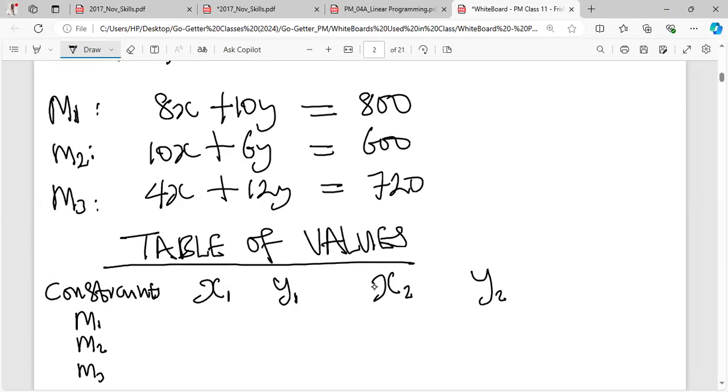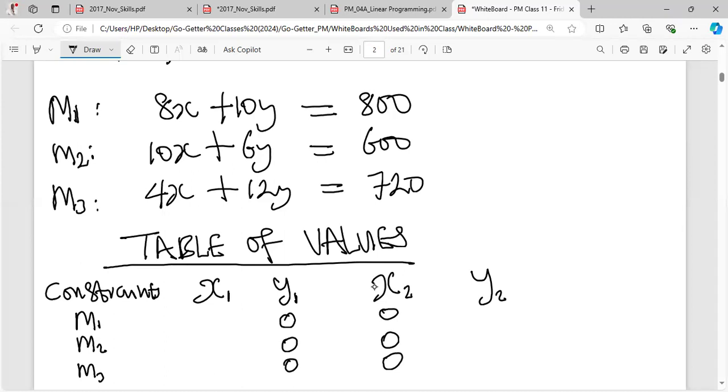So it means that we need to make y 0 in this case, y 0 in this case, and y 0 in this case. So we need to be finding the value of x when y is 0. Then we will come back to find the value of y when x is 0. So this is how we are going to look at it. So let's look at it now.